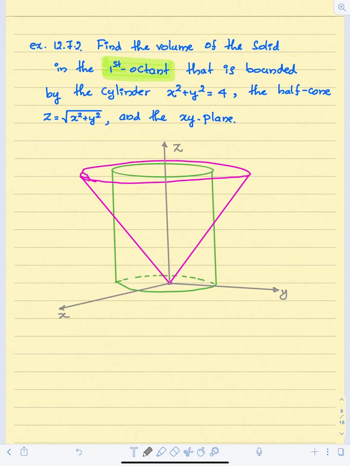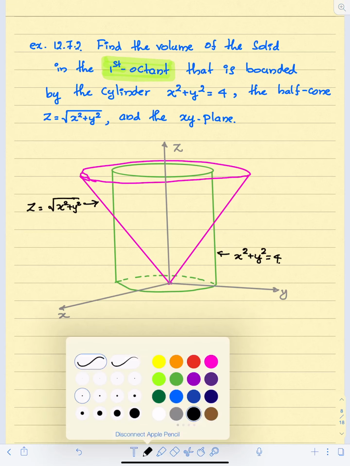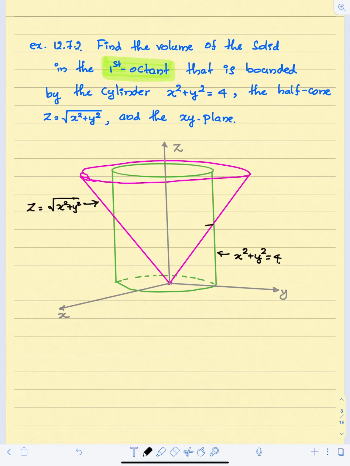And our goal is to find the volume of the solid bounded by the cylinder x squared plus y squared equals 4, and the cone z equals the square root of x squared plus y squared, and the xy plane. So basically, we have this cone.